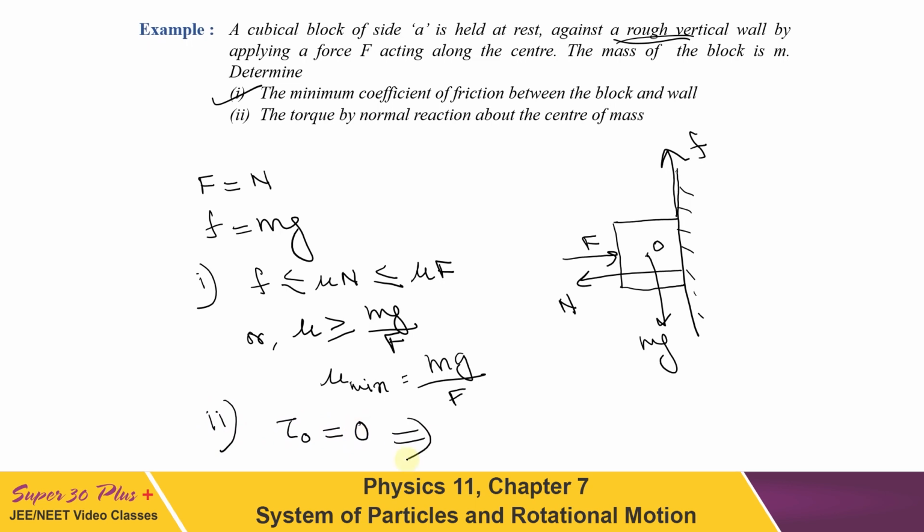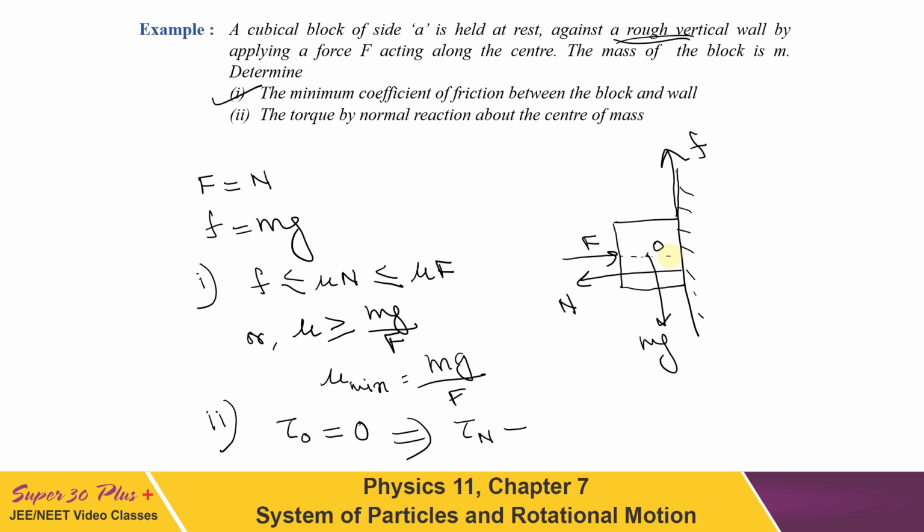And what is this torque? If we write the torque of normal to be equal to tau N, another torque has to be due to friction, because F is passing through the center of mass itself, so it will not produce any torque. mg also is passing through the same point, so it will not produce any torque.